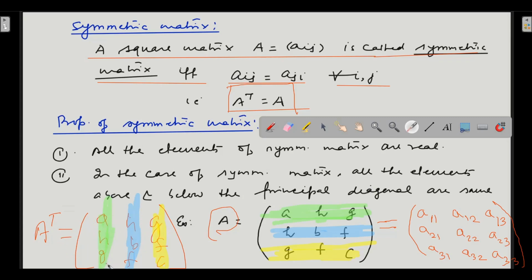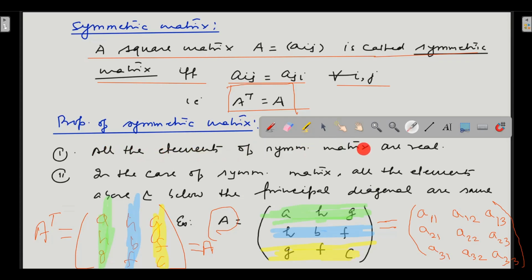Clearly, even after taking the transpose, the matrix has remained unchanged. This is the property of symmetric matrix.